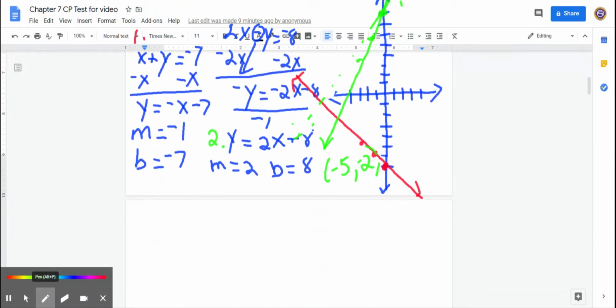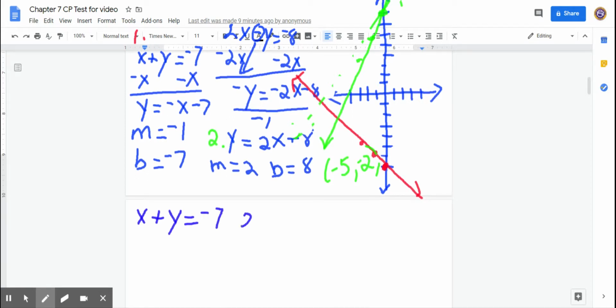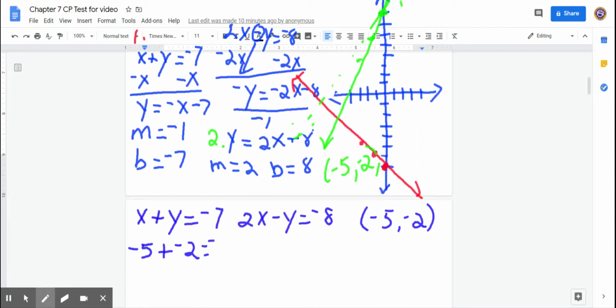or hard to tell. Remember that you can take those original problems, x plus y equals -7, and 2x minus y equals -8, and plug in the ordered pair to make sure it works. So that would be -5 plus -2 equals -7. That's right.